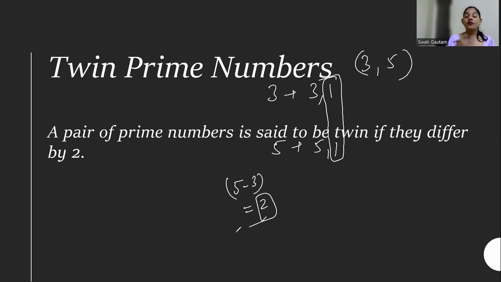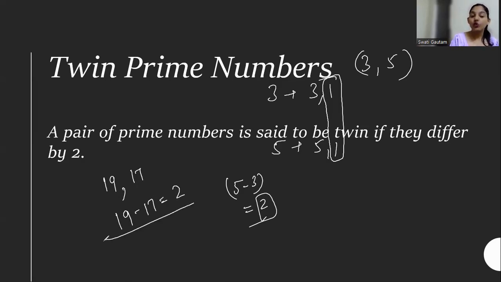When the difference of two prime numbers is 2, they are twin prime numbers. Suppose I take 19 and 17. 19 is a prime number and 17 is also a prime number, and the difference between them is also 2, so they are twin primes.